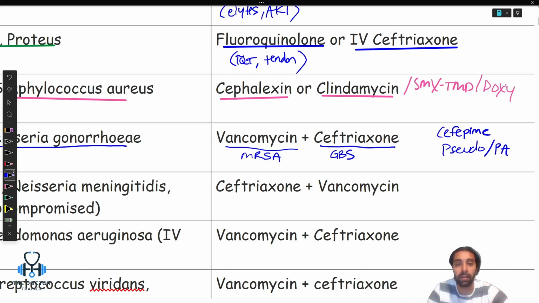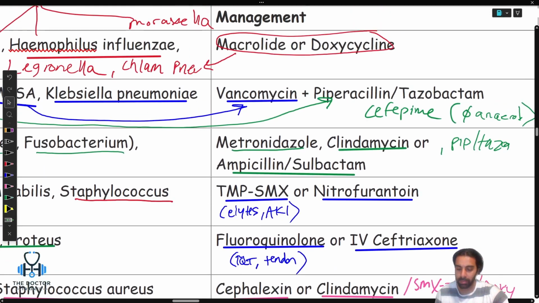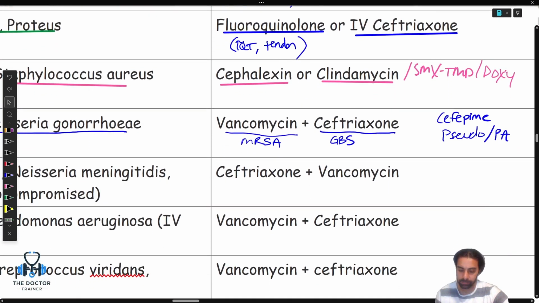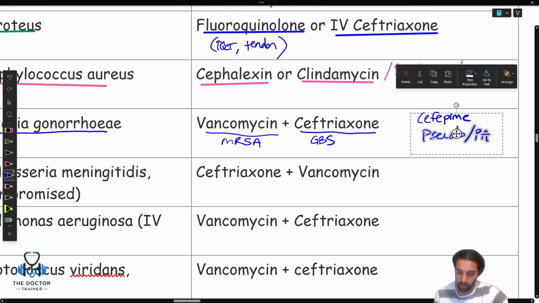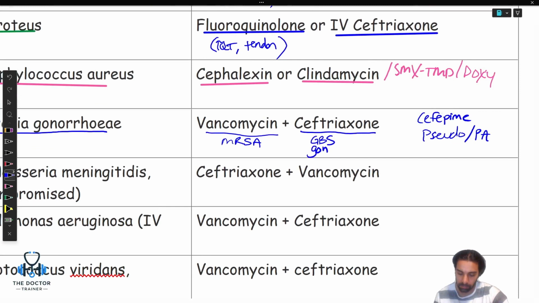Cefepime has anti-pseudomonal coverage. Again, as a reminder, I'm going to try to connect the dots a little bit more. We were talking about it here. So pip-tazo can be helpful, and so try to connect the dots. And by the way, this is also going to be your gonococcal.